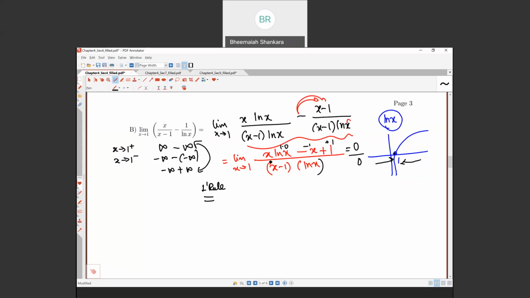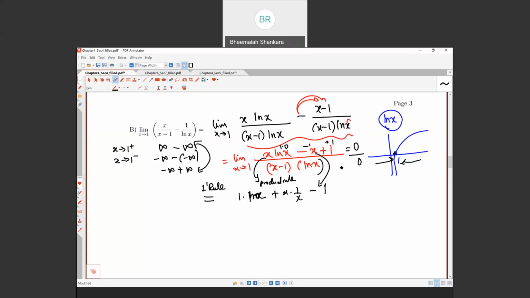So differentiate the numerator, x times ln x. If you want to differentiate x times ln x, it's a product of two functions, so you will do the product rule. So all you get is 1 times ln x, and then you get x times 1 over x. Differentiate the function x, you have negative 1.